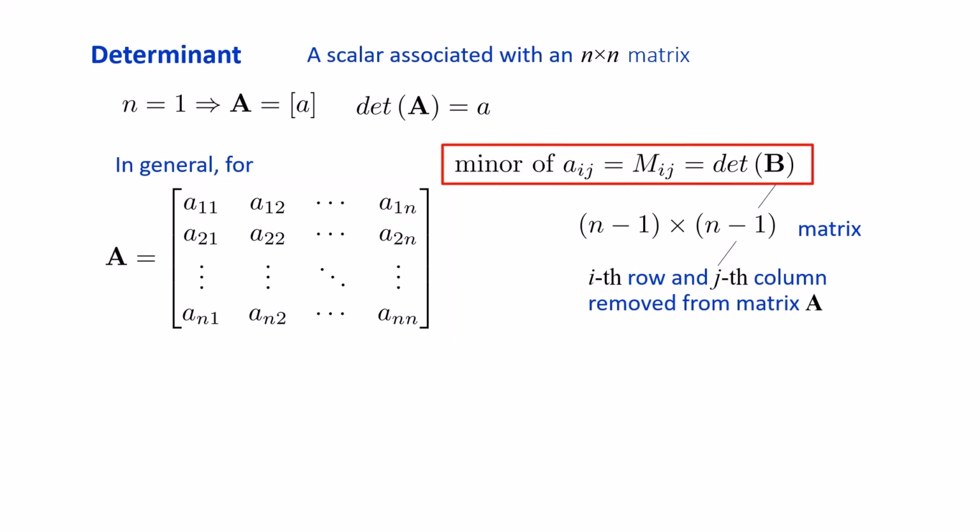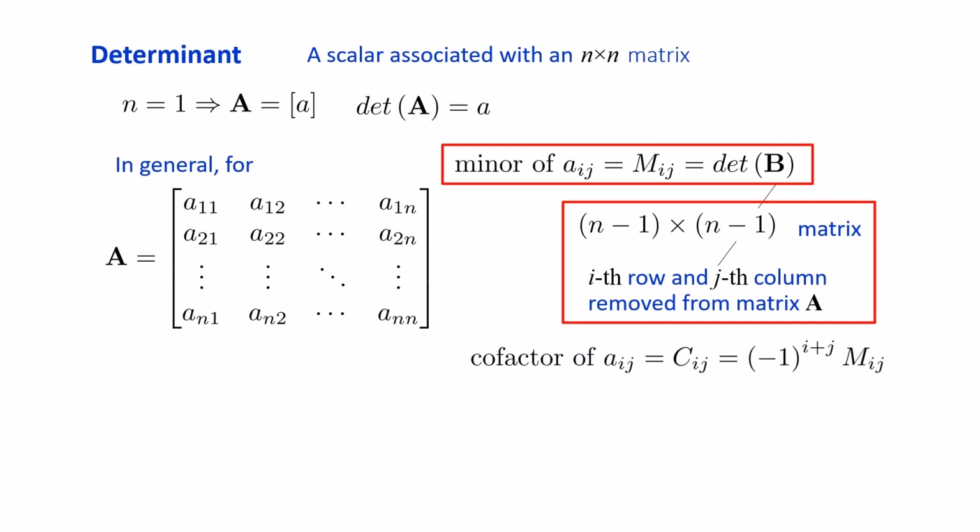The minor Mij is the determinant of B matrix. The B matrix is an n-1 by n-1 matrix. The B matrix is formed by removing the ith row and jth column from the matrix A.